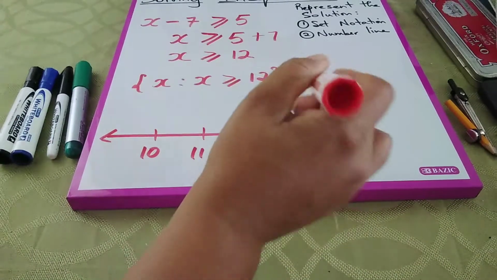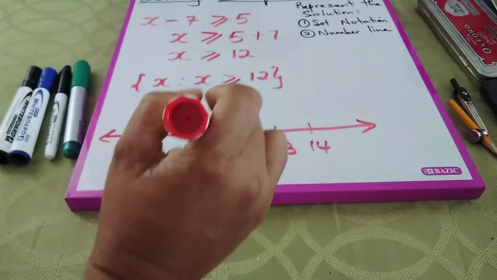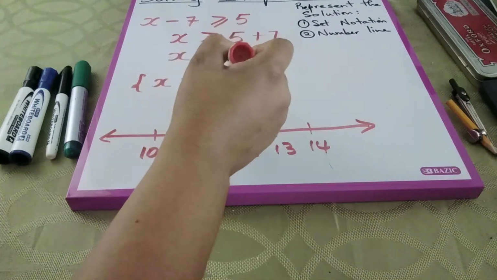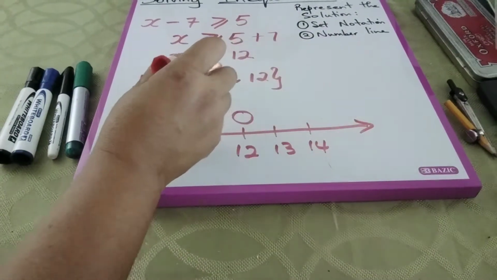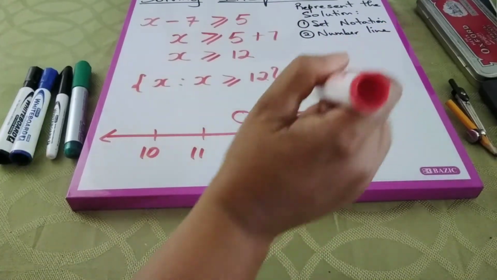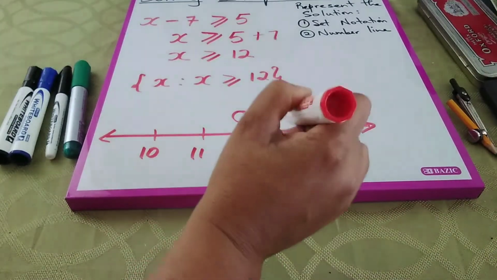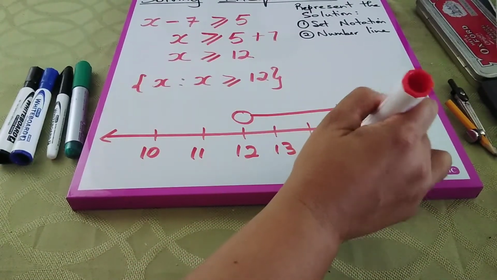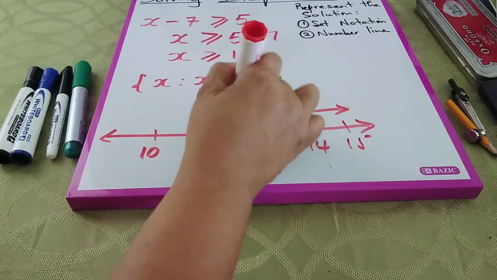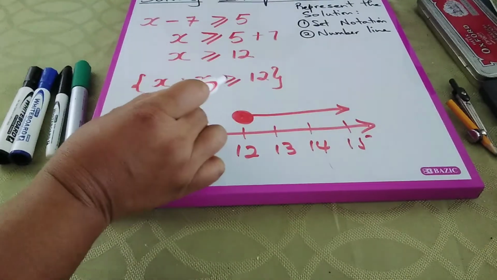All right, so we put the circle above the 12, and greater than, again, the x is on the left-hand side of the inequality sign. So if it is pointing that direction, then it will be going in that direction. Those are the values. Values greater than or equal to 12 would be 12, 13, 14, 15, and so forth. We shade it. We shade it because you have an extra bar there.